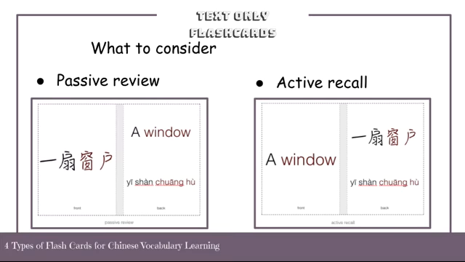But if the unit word is different and it makes sense to remember it, it's much better to include the unit word in the word itself. So we write down 一扇窗户 rather than 窗户. Does it make sense to you?